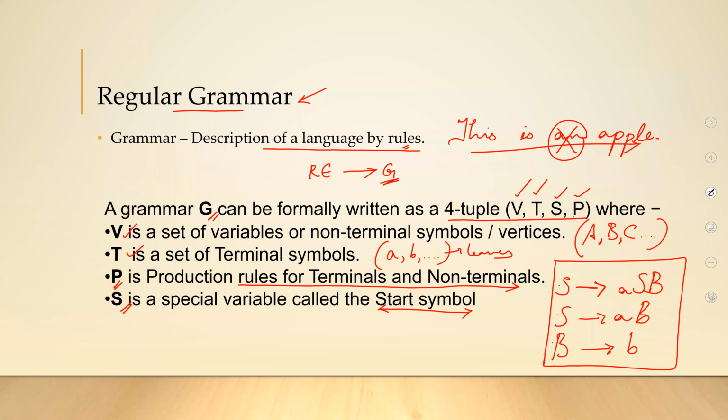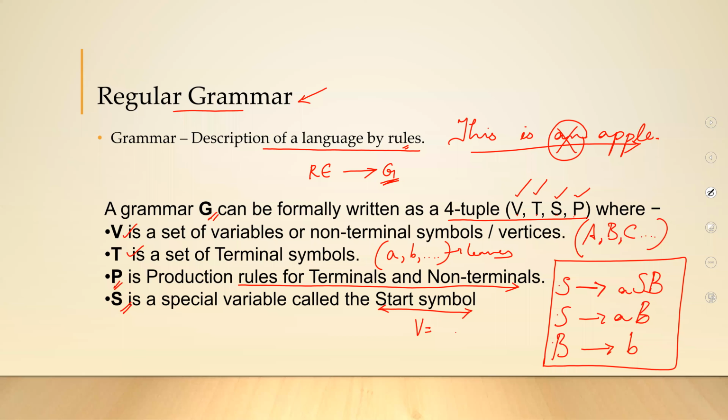Now, with this particular grammar, I will tell you what you mean by V, T, S, and P. So we'll go for the first one, vertices. Vertices are nothing but your non-terminal symbols, or to be very simple, everything which you find on the LHS is your vertices.